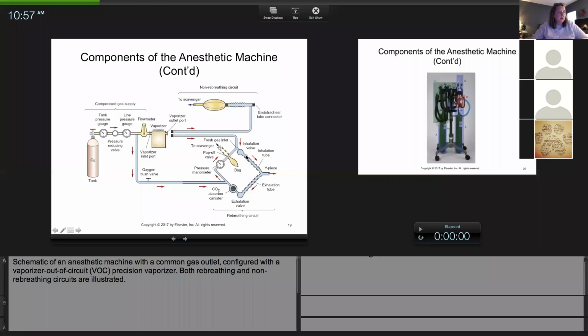The vaporizer was usually somewhere near the inhalation valve, right here, meaning it was attached within the circuit the patient breathes through. That's the difference. VOC is vaporizer out of circuit, VIC is vaporizer in circuit, and it's just where the vaporizer is located in this diagram.